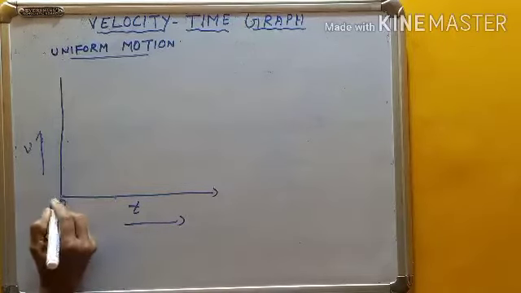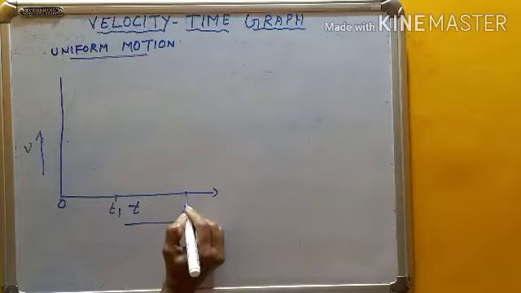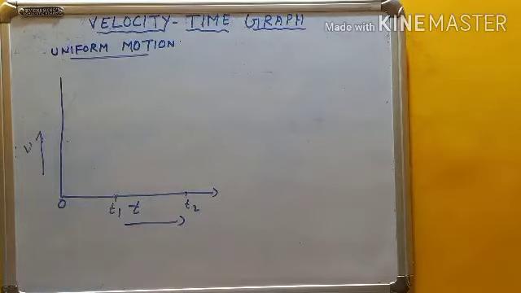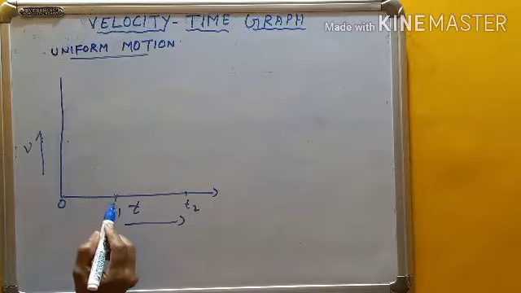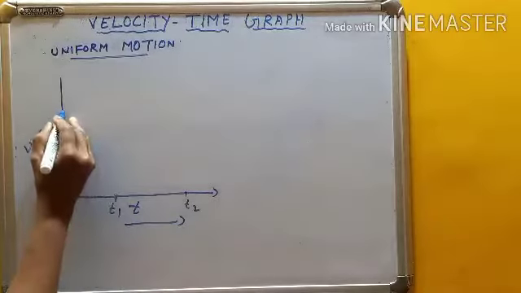This is the initial time. After that, consider the time intervals T1 and T2. Suppose the body is moving with 5 meter per second. Uniform motion means that at each and every time the velocity of the body is constant. So after a time T1, say 2 seconds, what will be the velocity?